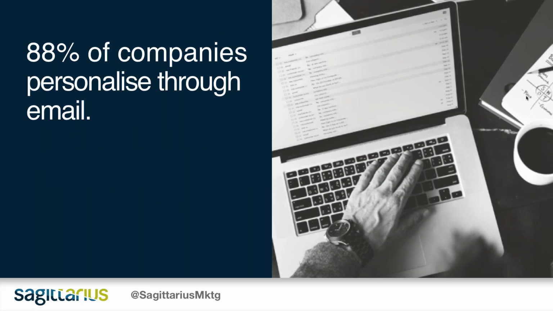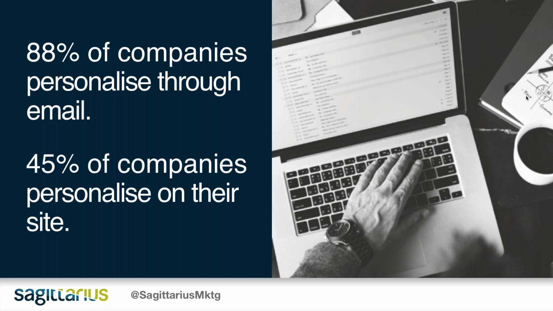Now, we know that 88% of companies personalise through email. Now, this is usually specific to their name, rather than the type of profile that they are, but only 45% of companies personalise on their site. Now, there are sites like Sitecore that make it a lot easier, but then there are other tools which you can implement on the site to offer personalisation, and they are starting to storm the market as well.